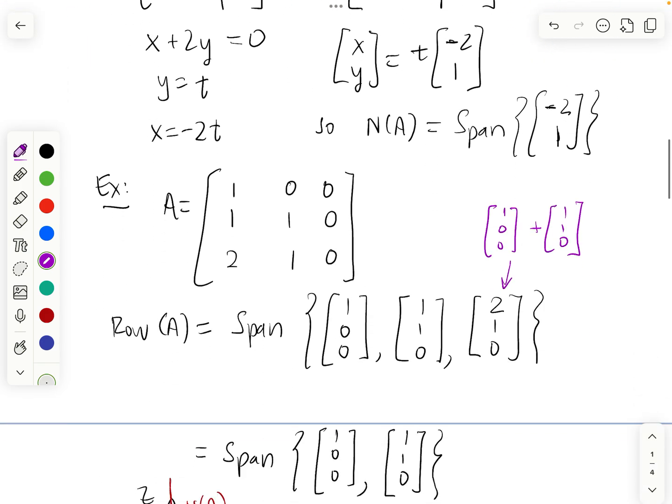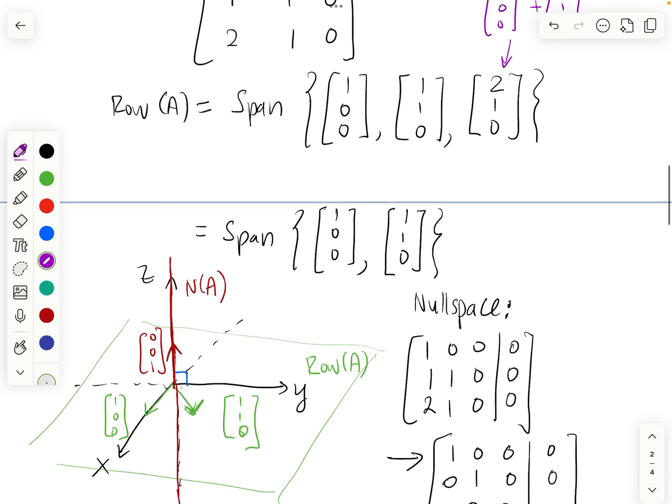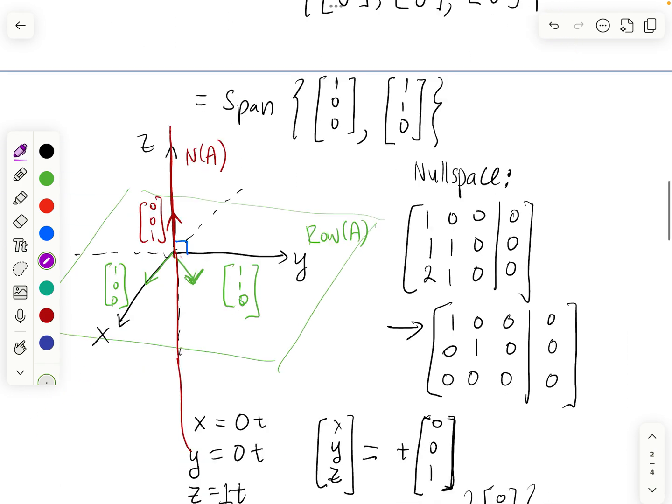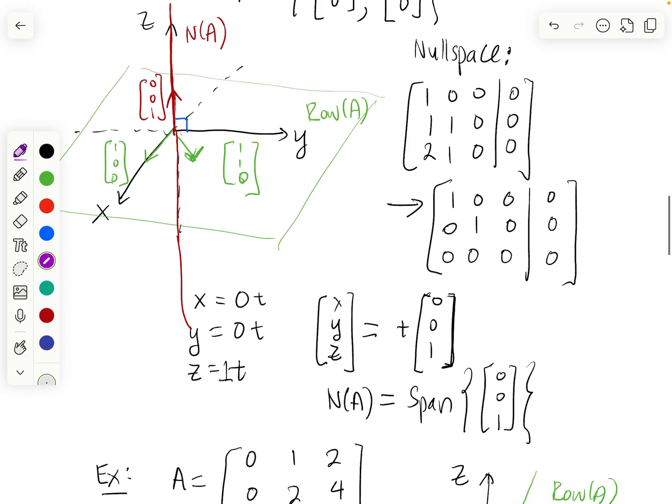In the next example, you have the same scenario. You have a 3 by 3 matrix. The null space is one-dimensional, the row space is two-dimensional, and the null space is spanned by the vector that sticks straight out of the row space. It's a normal vector to the plane, if you're used to this terminology of normal vectors.